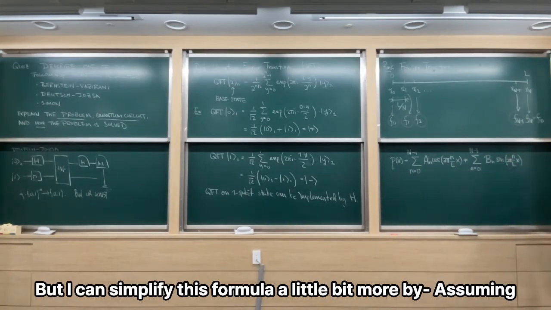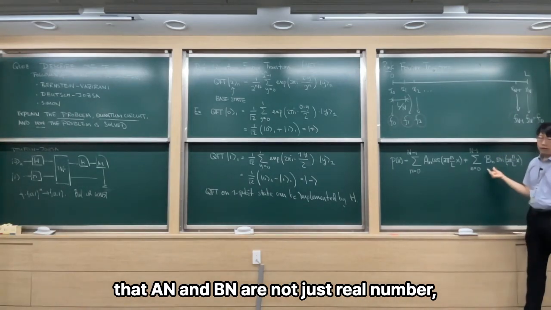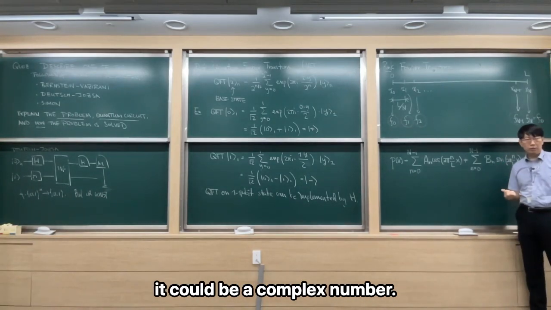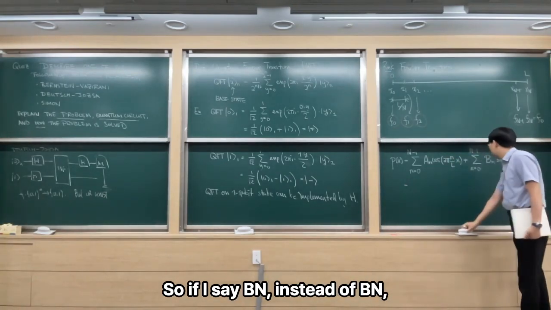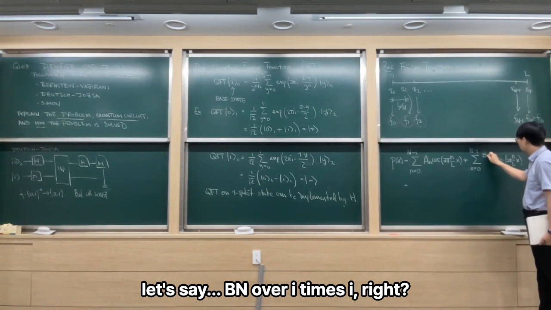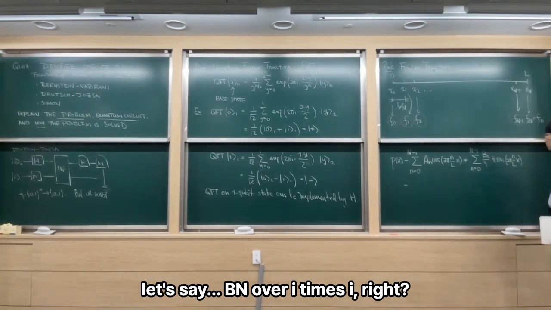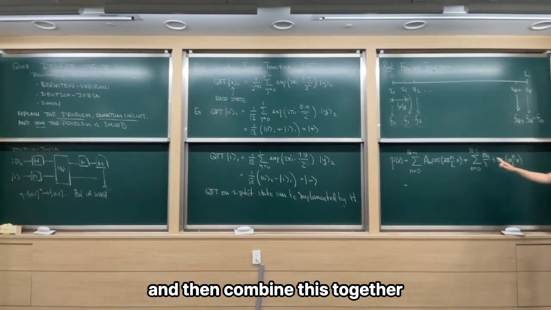But I can simplify this formula a little bit more, assuming that an and bn are not just real numbers, they could be complex numbers. So instead of bn, let's say bn over i times i, and I can rescale and combine this together.